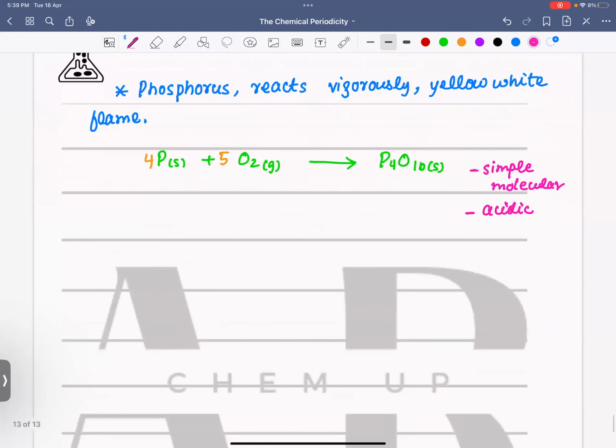Next we have sulfur. Sulfur reacts with a brilliant blue flame.